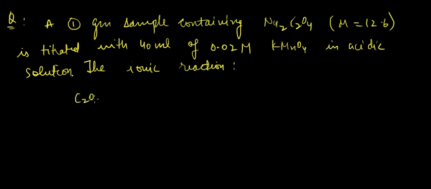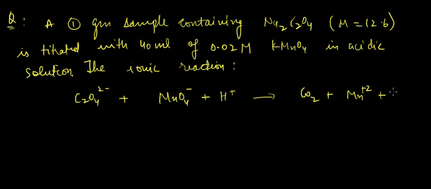It is C2O4 2 minus plus MnO4 minus plus, let's say we have some H plus also, goes to CO2 plus Mn 2 plus and H2O. So let's balance the equation. We'll have 5 here, 2, 16, 10, 2 and 8. So this is the balanced equation.